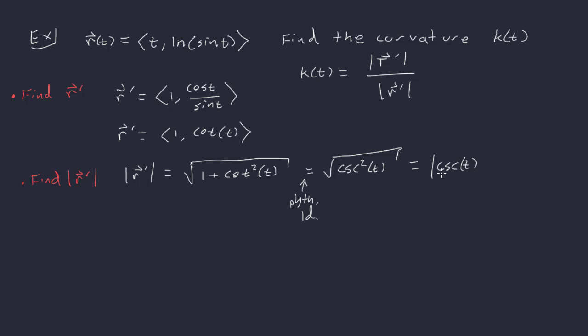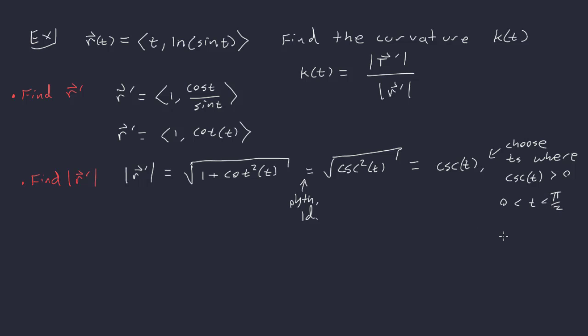And specifically, it's the absolute value of that. So I'm actually just going to drop the absolute values and only choose t's where cosecant t is positive. Specifically, t can't equal 0, but t's between 0 and pi over 2.